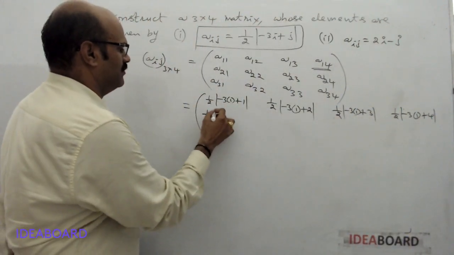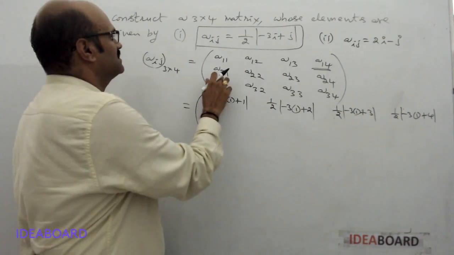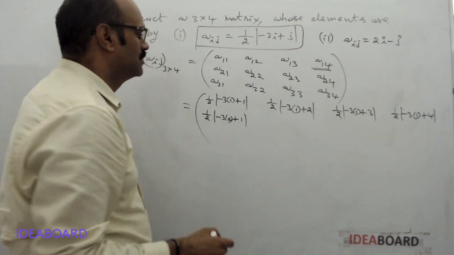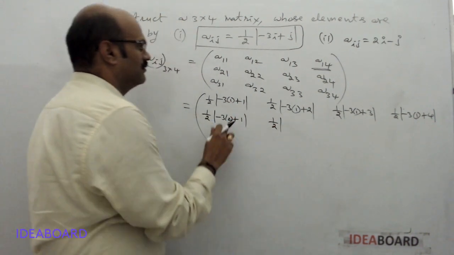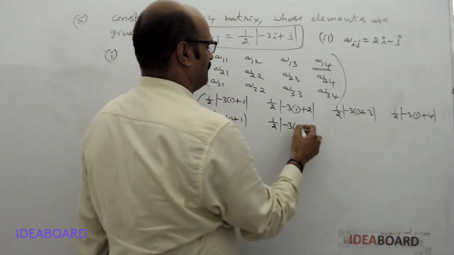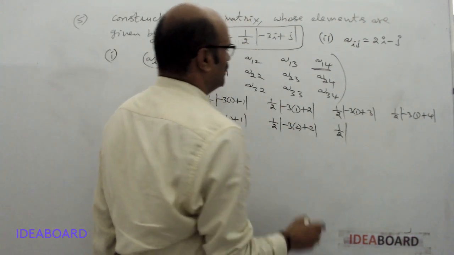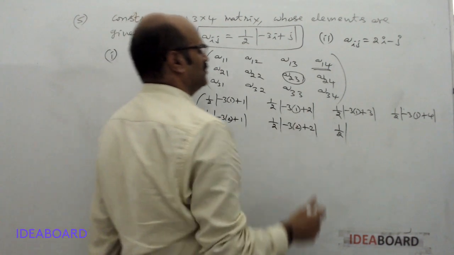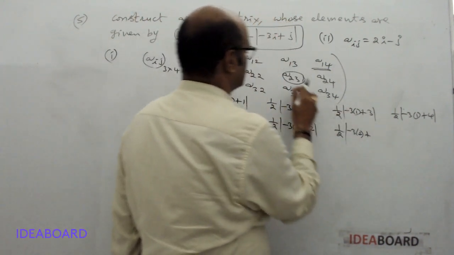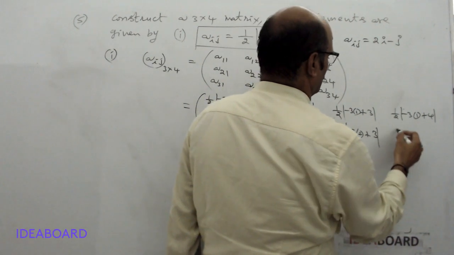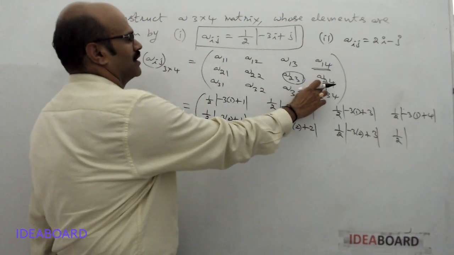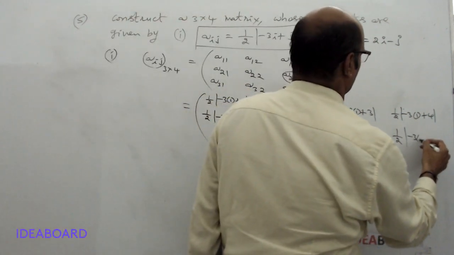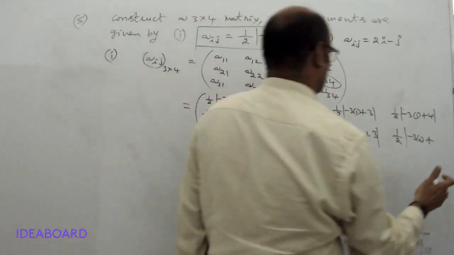Similarly, next one, 1 by 2 into modulus of minus 3 into 2 plus 1. 1 by 2 into modulus of minus 3 into 2 plus 2. 1 by 2 into A23, i equal to 2, j equal to 3, so it implies minus 3 into 2 plus 3. 1 by 2 into A24, minus 3 into 2 plus j equal to 4.